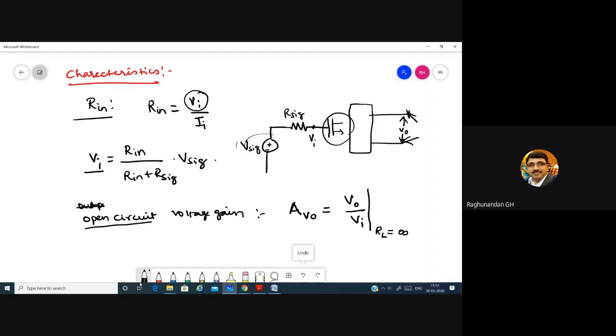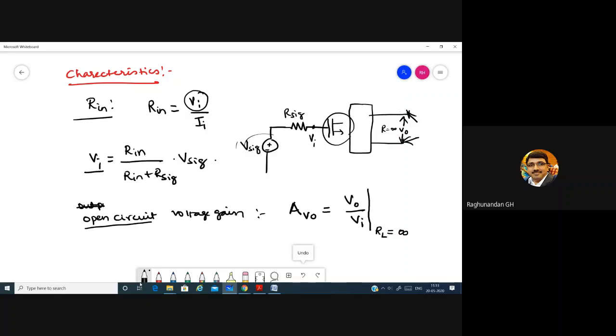Open circuit voltage means there is no resistance because there is no connection here. So in this case, we consider the resistance to be infinity. Considering the load resistance to be infinity, since it is open circuit voltage gain, the gain is given by V naught by Vi.